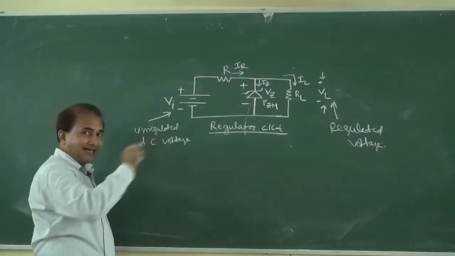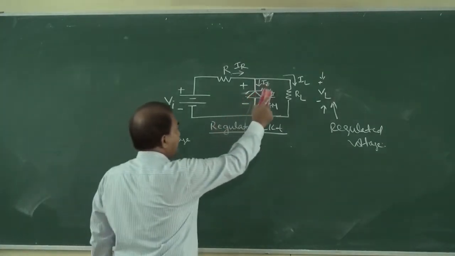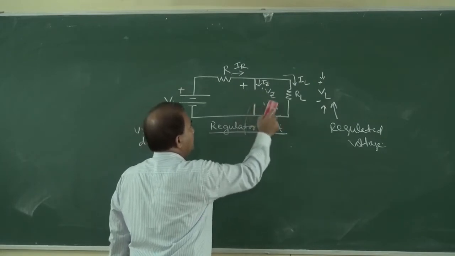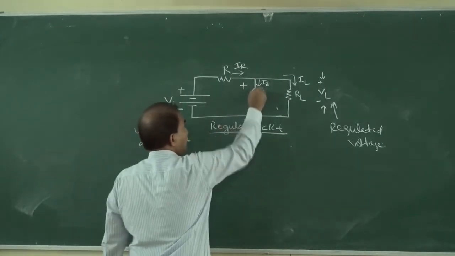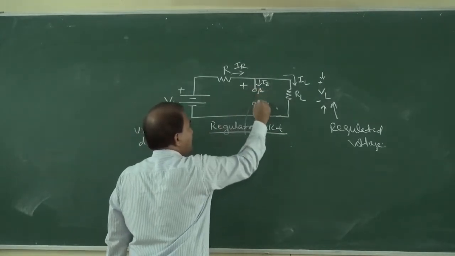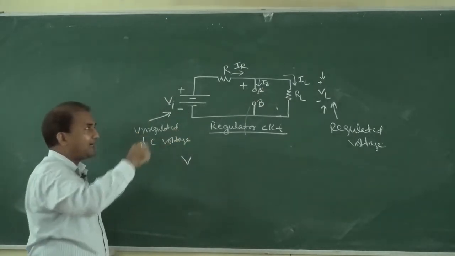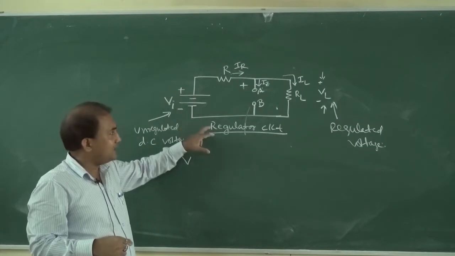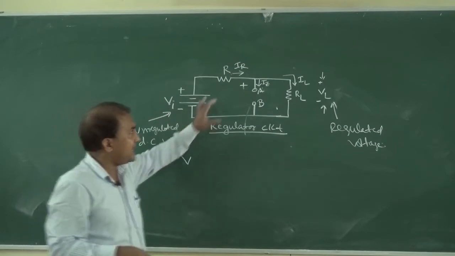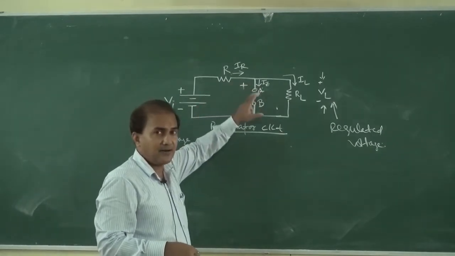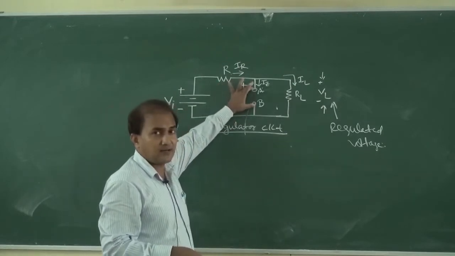Now, first of all, how are we analyzing this regulator circuit? In order to analyze this circuit, we have to remove this Zener diode, and after removing, we have to measure the voltage across AB.